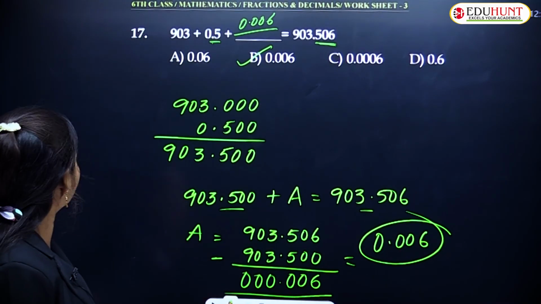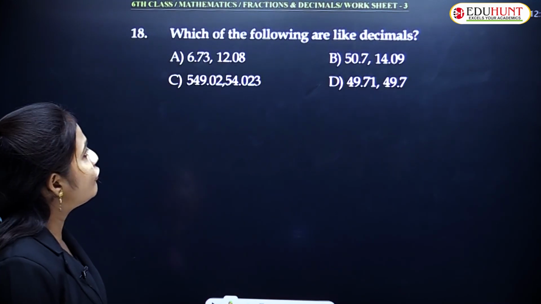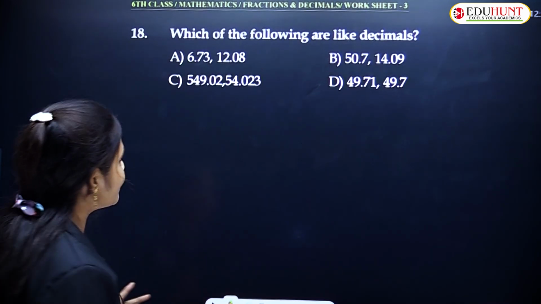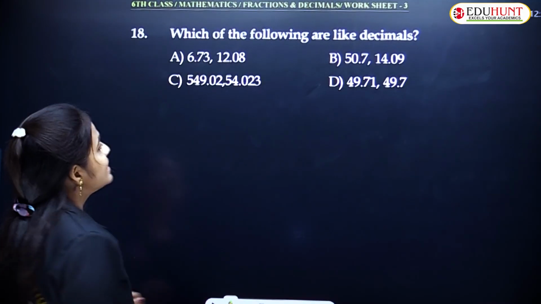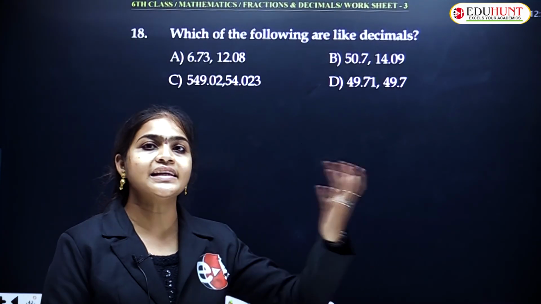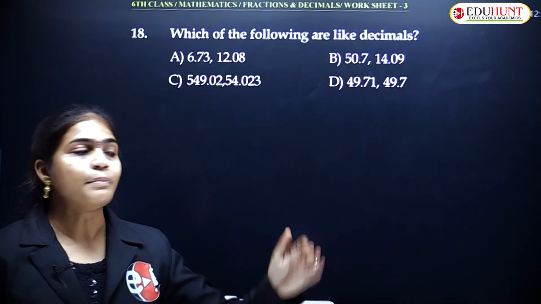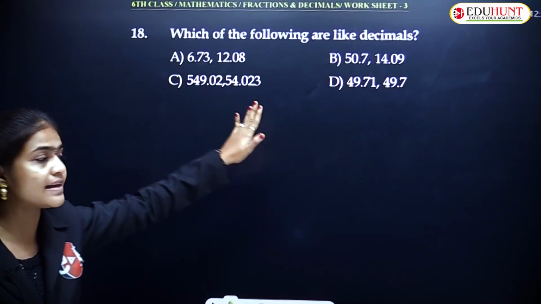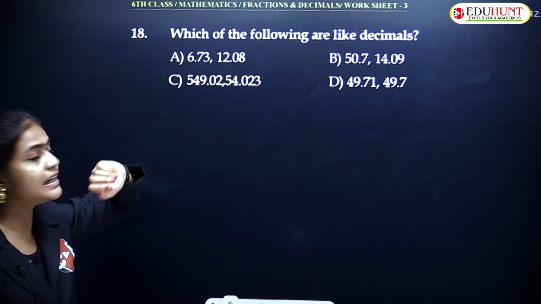Okay, next. Which of the following are like decimals? As per this, children, 14.09 we could write as 14.9, but here the decimal places are given, no? So as per the decimal places of the given numbers, you have to check.